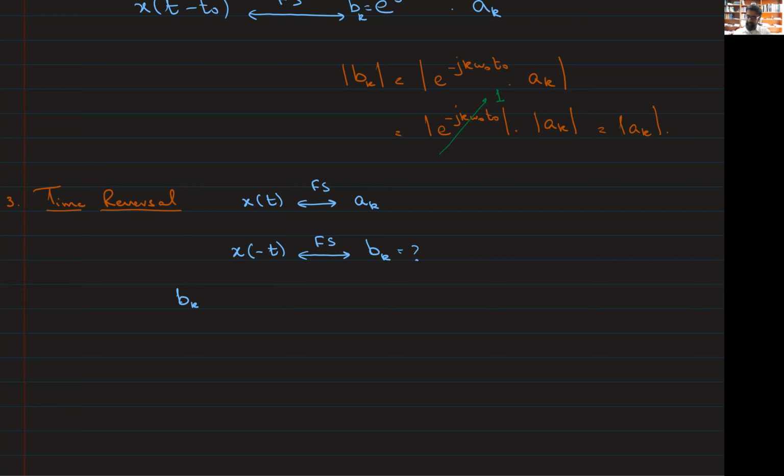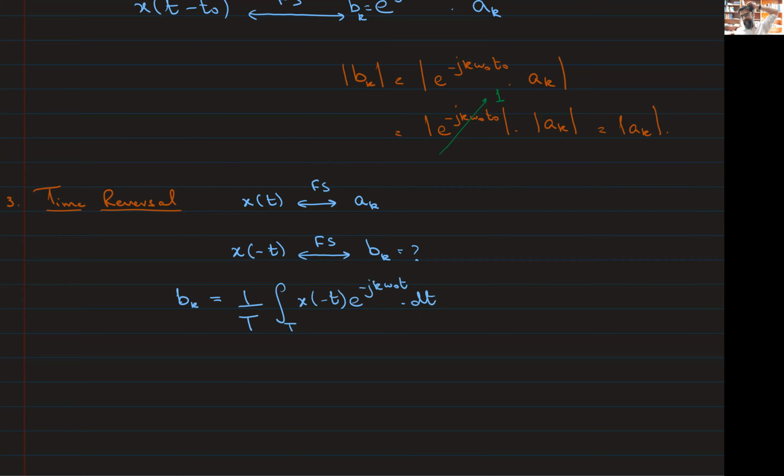And so therefore bk can be found by just using the same T, right? And this is going to be the integral over T, and this is x of minus t e raised to the power minus j k omega naught t dt, right?